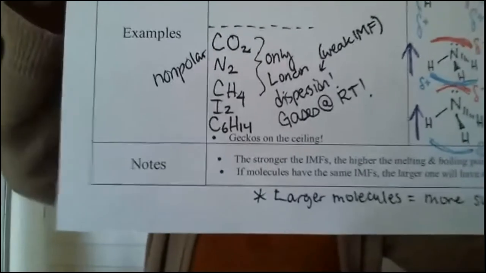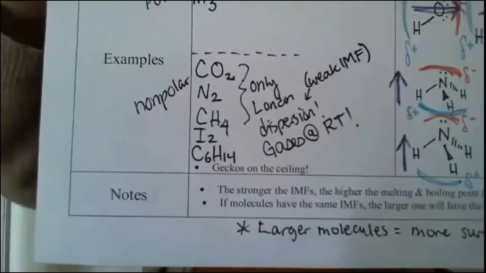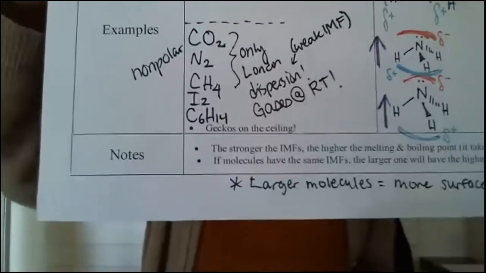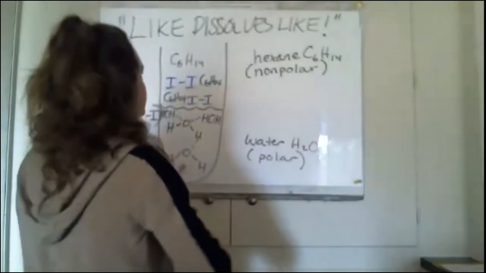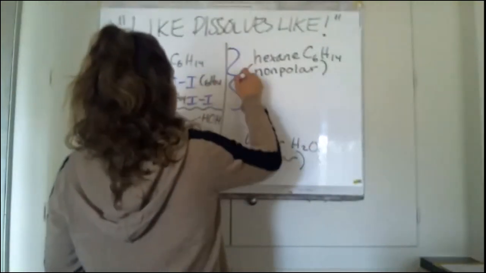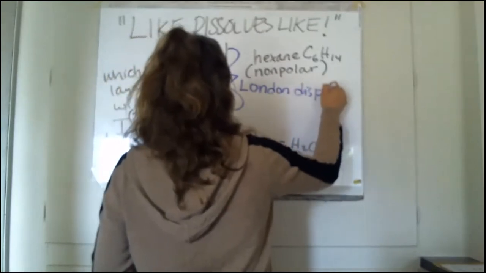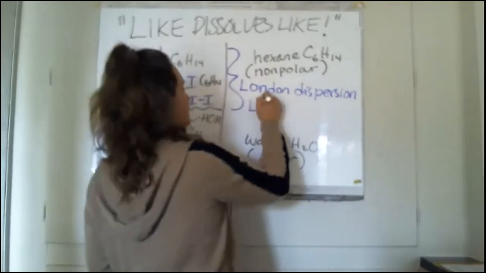I know I told you that hydrogen bonding was the most important, and it's the one I love the most, but it doesn't occur with nonpolar molecules. Okay, so London dispersion. Like dissolves like.